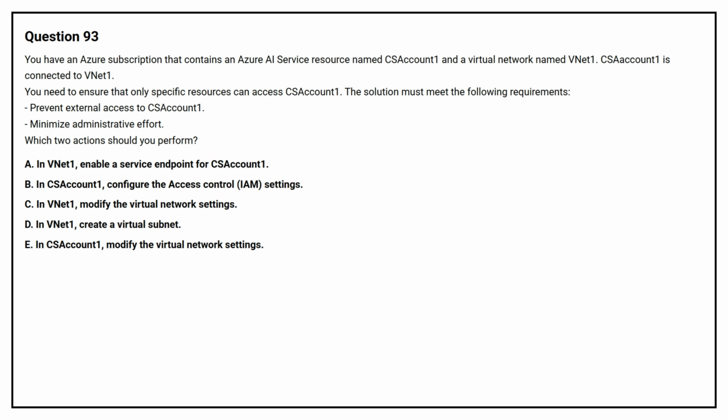Option E, in CS Account 1, modify the virtual network settings. The correct answers are option A, in VNet1, enable a service endpoint for CS Account 1. Option E, in CS Account 1, modify the virtual network settings.